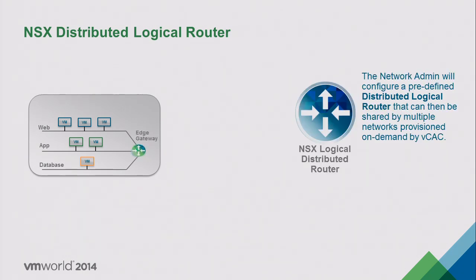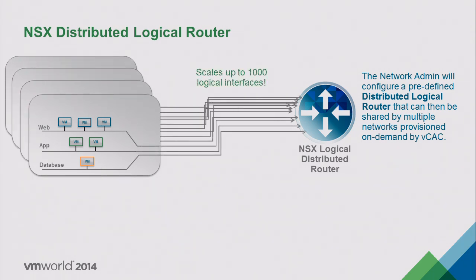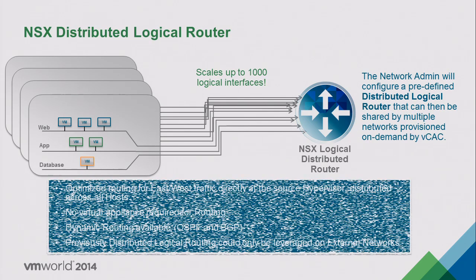So with this next release, there are significant enhancements to consumption of distributed logical routing. In the past, on-demand networks would only be used via an edge gateway. But now with this, being able to use the distributed logical router, we can do up to 1,000 logical interfaces all through that distributed router.